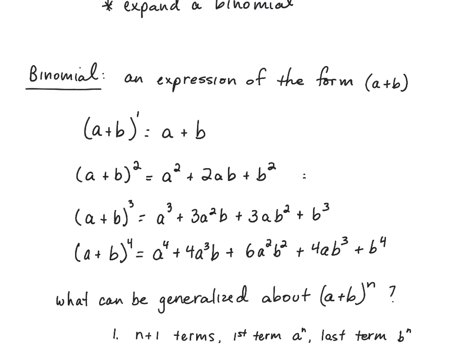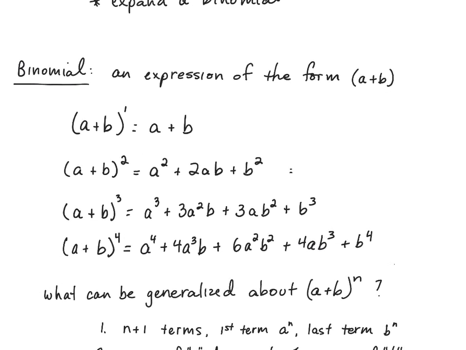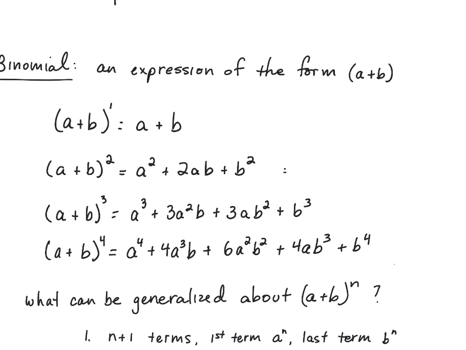And one of them is there's always one more term than the power it's being raised to. That's what this, n plus one terms. For example, a plus b squared, you can see it here, has three terms. N being the exponent. If the exponent is 2, then there's n plus 1 terms. So if the exponent is 2, then there's 3 terms.